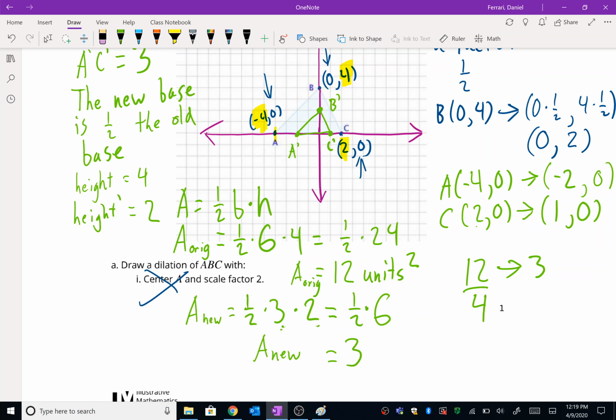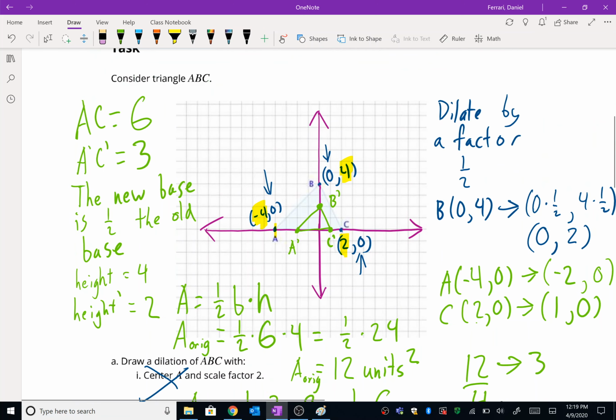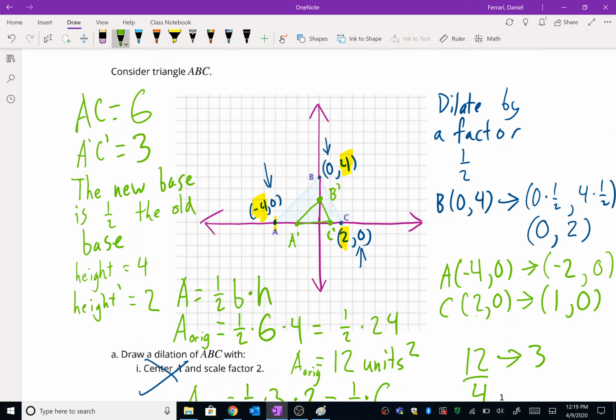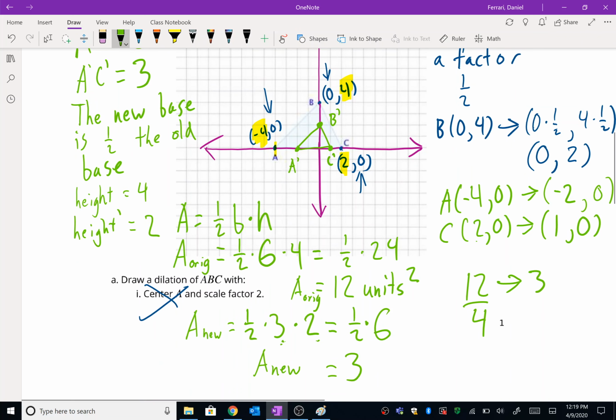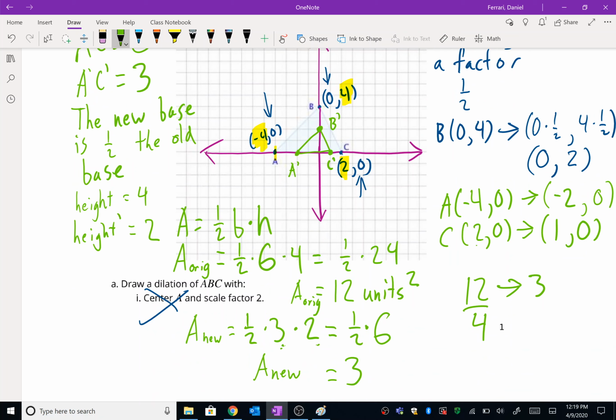Now, a little fair warning. All of these problems will follow this same basic idea, where the base and the height will fit exactly what your dilation factor is, but your area is going to change a little bit. So be sure to calculate the area for each and then see how you get from one number to the next.